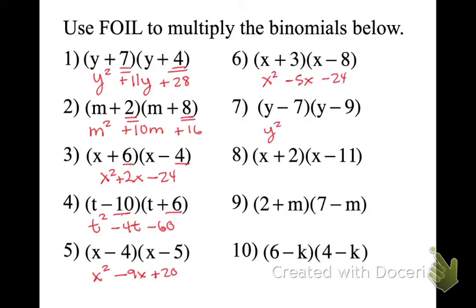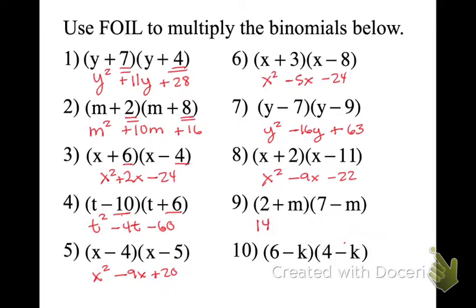Y squared, it's minus 16y plus 63. Okay? X squared minus 9x minus 22. Okay, we're going to keep it in this order, right? I know it's going to be 14.